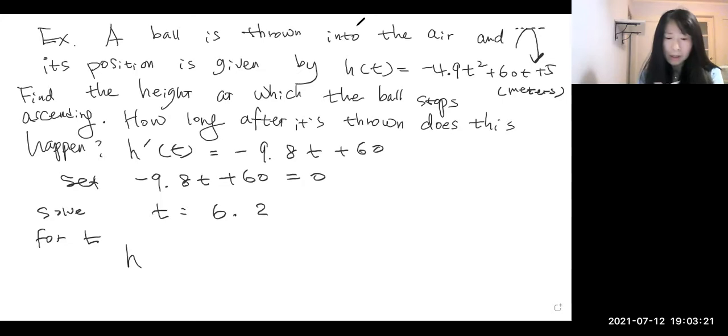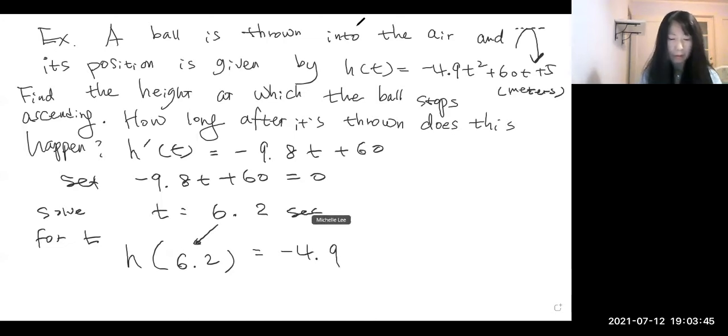So since this is the height in terms of a function of time, right? So we're going to plug in 6.2 there. Maybe 4.9. Let's just wait a second because normally we do that, right? t 6.2 squared plus 60.